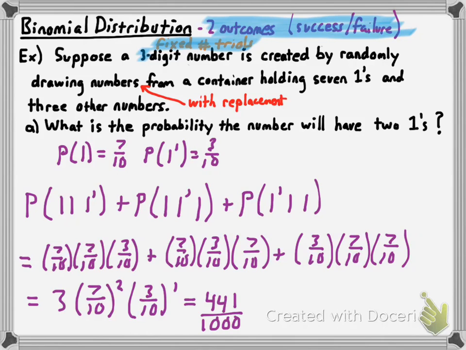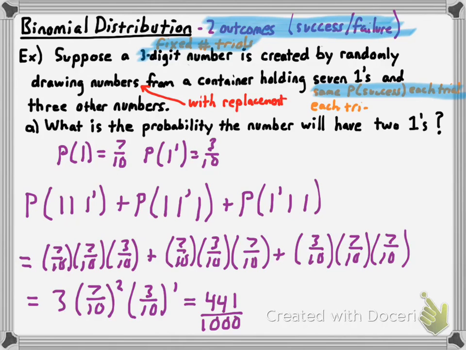Also, you have to have the same probability of success in each trial. That's why I put this little bit in here about us drawing numbers and replacing the number every time. And then finally, and this is related to that, each trial needs to be independent.